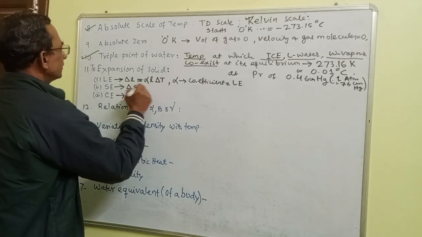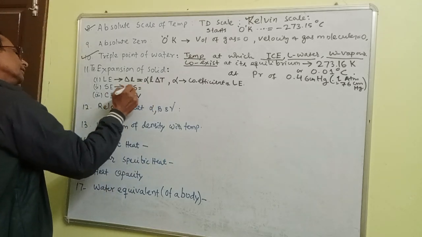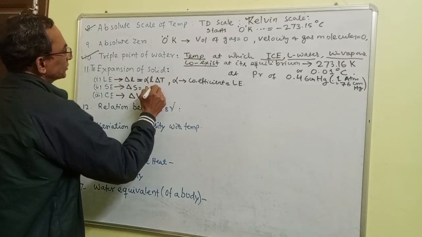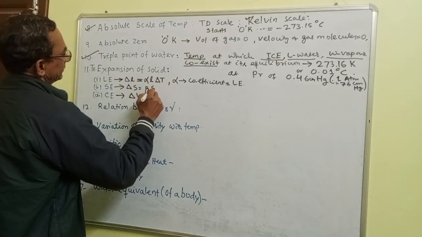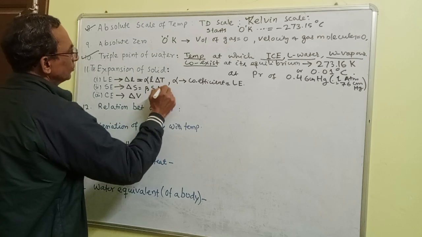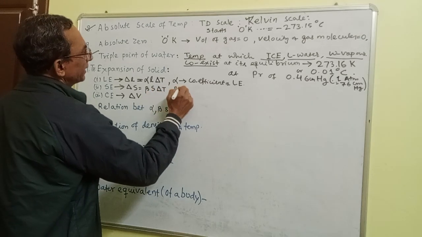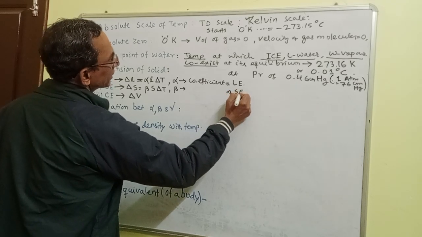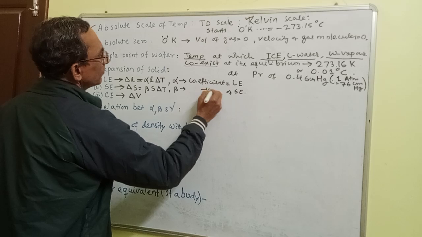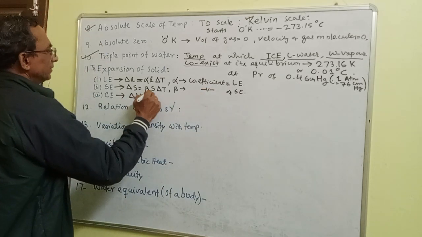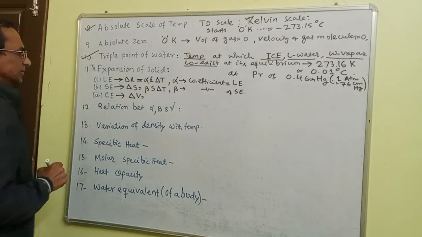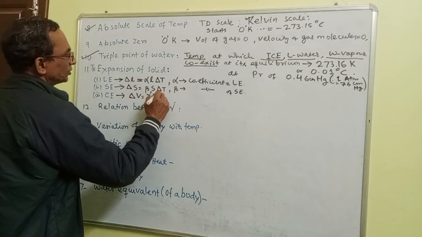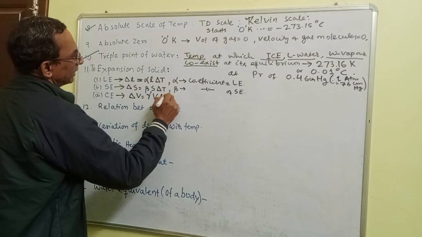In a similar manner, expansion in area is beta times original area times delta T. Here beta is the coefficient of superficial expansion, and expansion in volume is gamma times original volume times delta T.